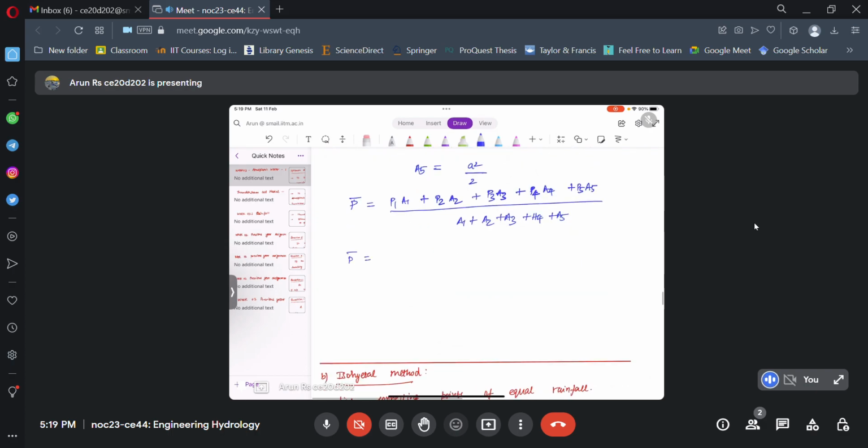So P bar is equal to, so here A1, A2, A3 and A4 are equal, so I am just going to add the precipitation values for that, into the area, which is A square by 8, so that is 30 square by 8, plus P5, which is 288, into A square by 2.